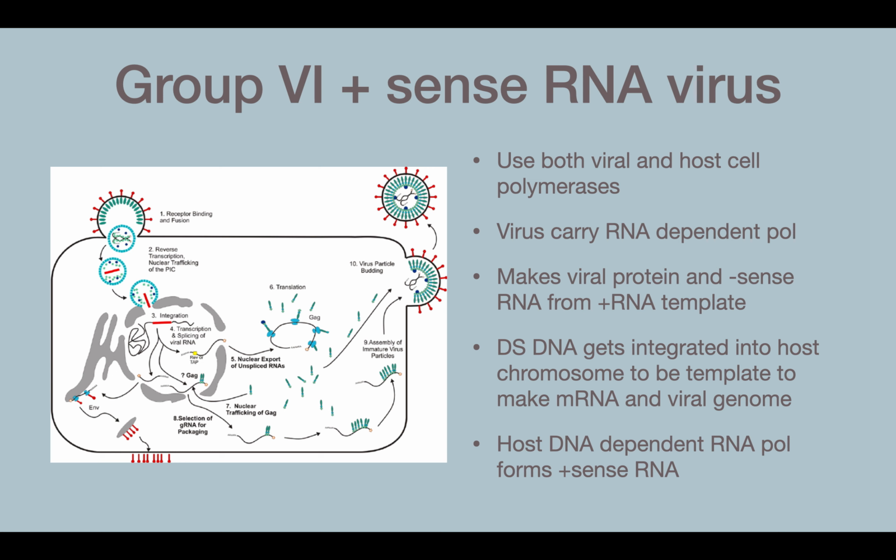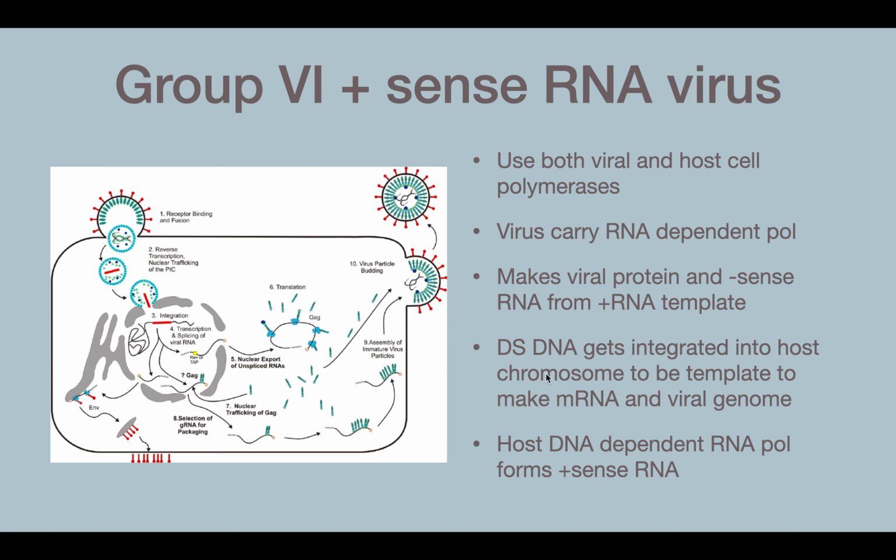So in group 6, the positive sense RNA viruses are going to use both viral and host cell polymerases. So these are going to carry the RNA-dependent polymerase. And these are going to make the viral protein and the negative sense RNA from the positive RNA template.